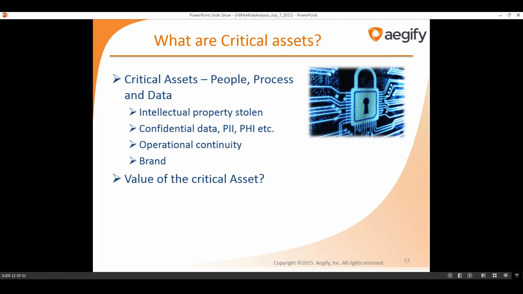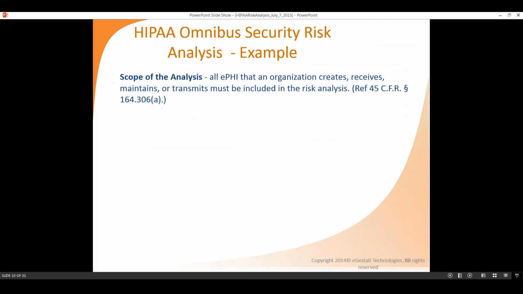So security risk analysis allows you to think holistically about what are the critical assets in the company that you really care about, that would make or break the company in terms of accessibility, in terms of resources that are required to be made available externally.